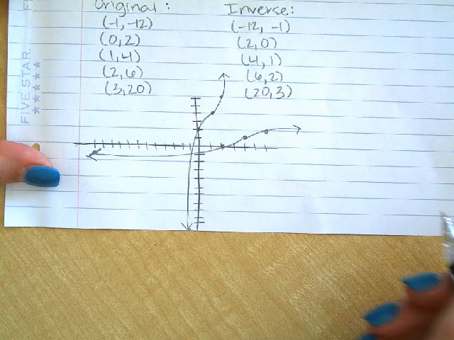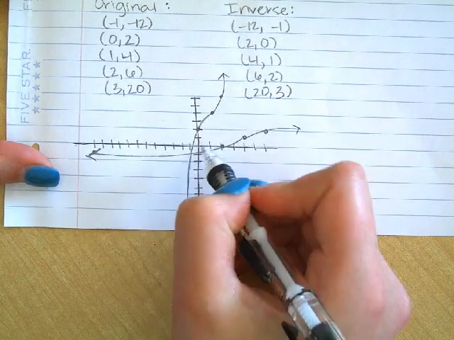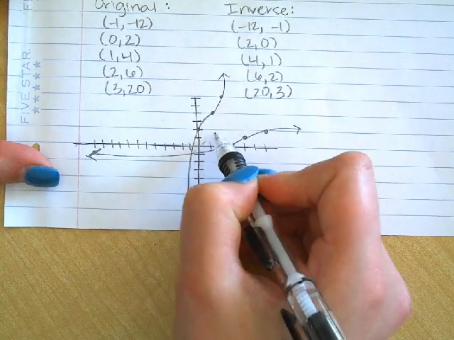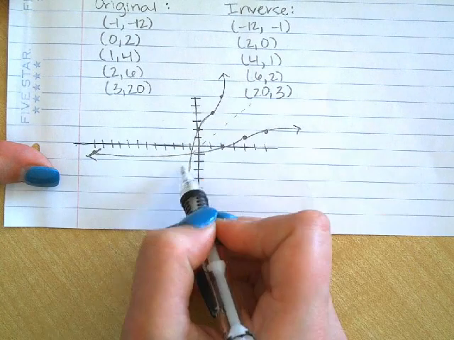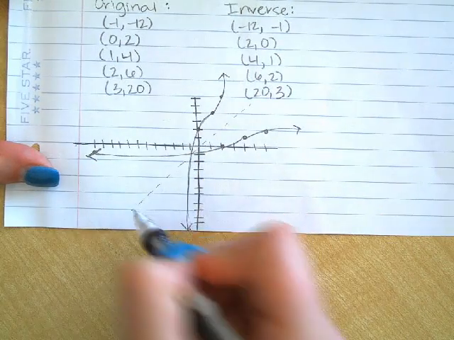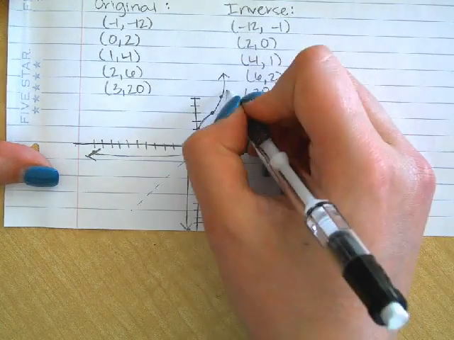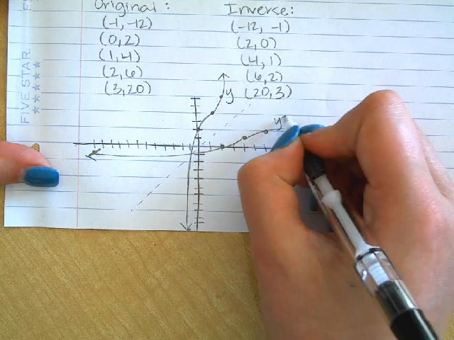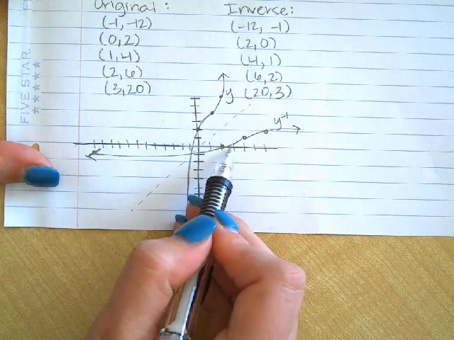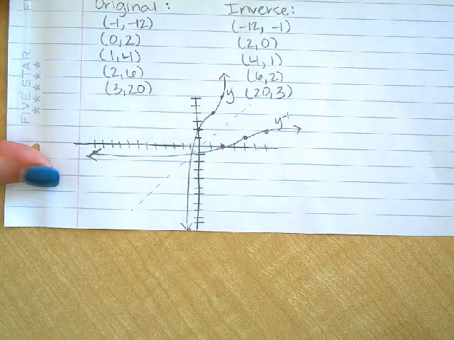Now, if you can see this, it's almost like we reflected the graph over this diagonal line in between. That's because when we graph the original problem, y, and its inverse, y inverse, they're actually reflected over the line y equals x.